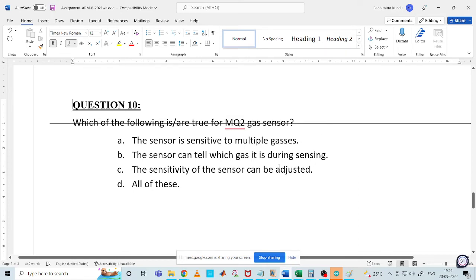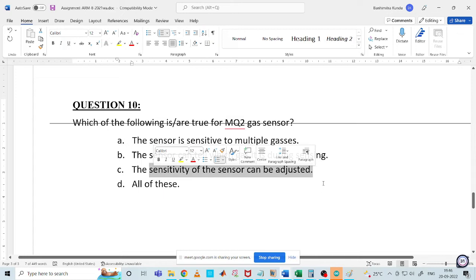Sir, is C the correct answer? Yeah, because that's what they are saying, with the potentiometer and all. Sir, but the potentiometer sensitivity cannot be adjusted, sir. No, it can, because you are sending this digital output and you are changing the threshold.